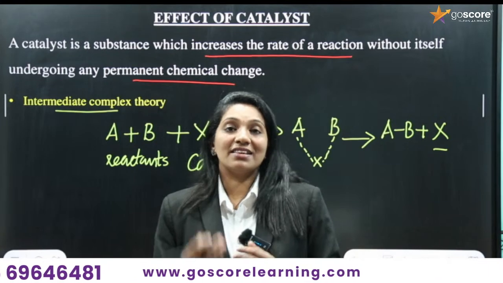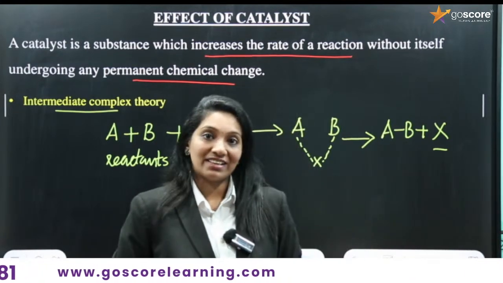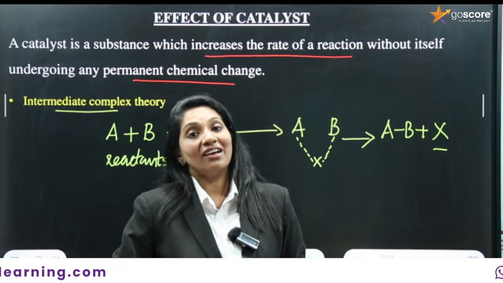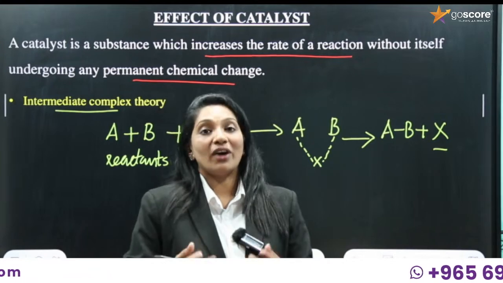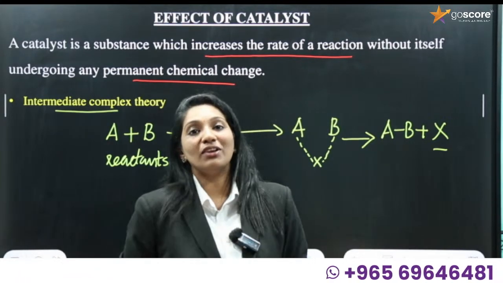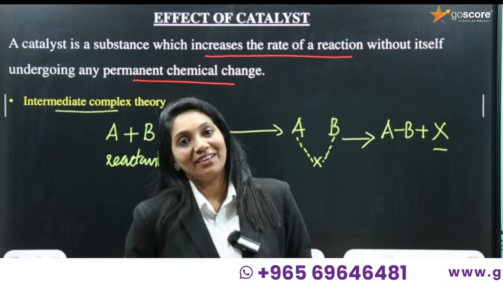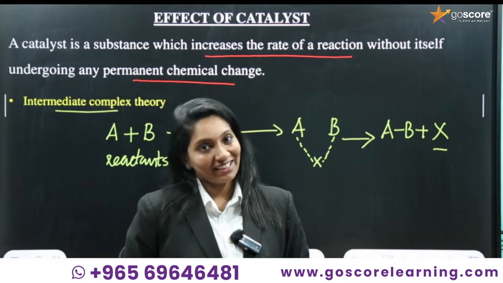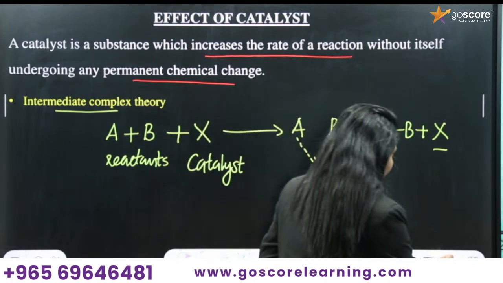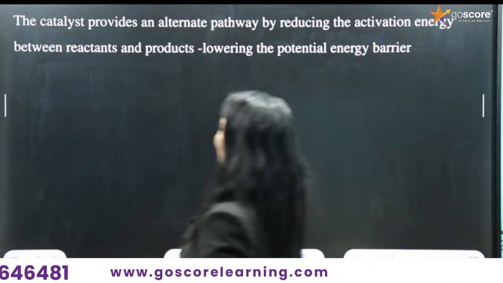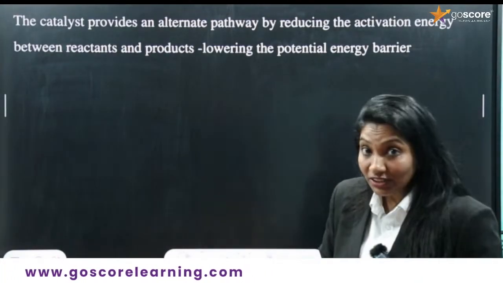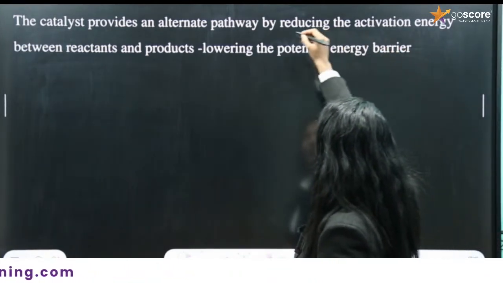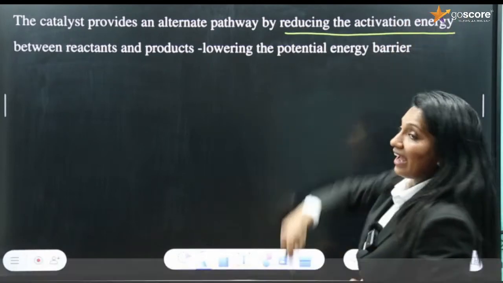What happens if the activation energy decreases? More molecules will acquire energy greater than or equal to the required energy, so more reactant molecules react in a faster way, and the rate of the reaction increases. So the catalyst provides an alternate pathway for the reaction mechanism by reducing the activation energy.